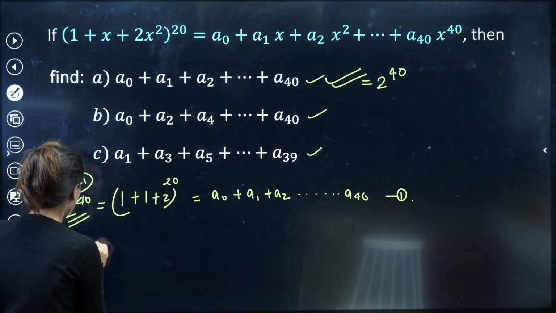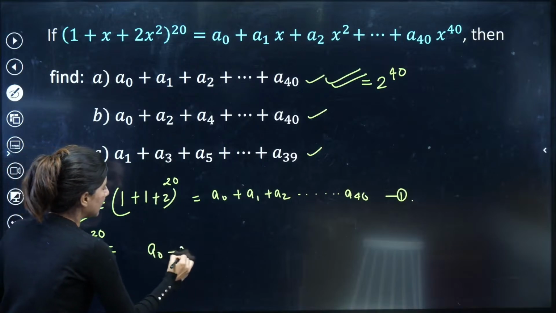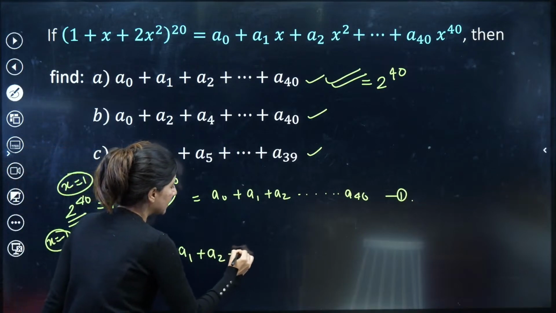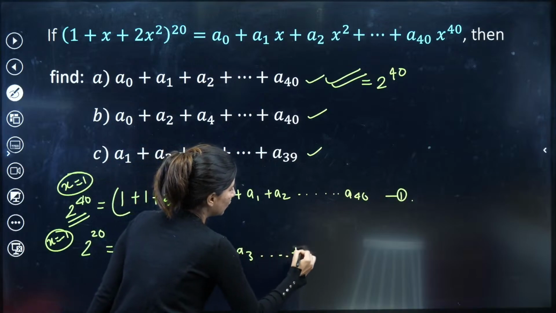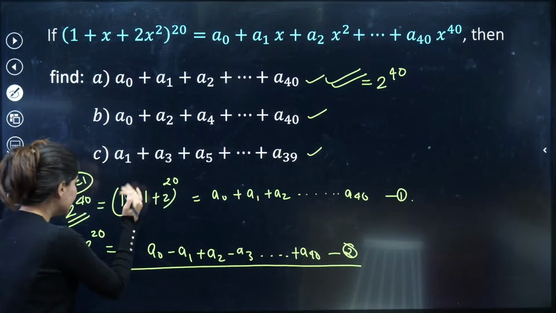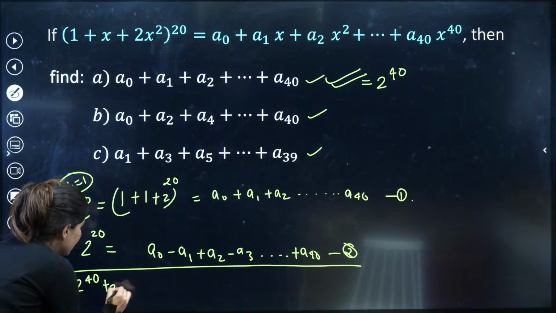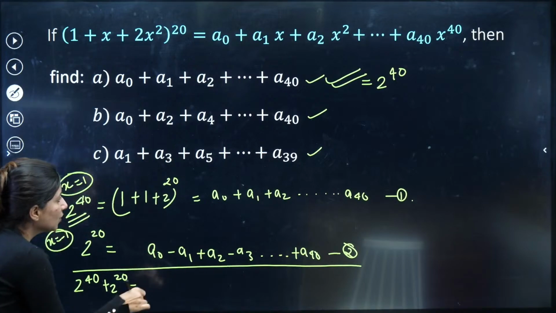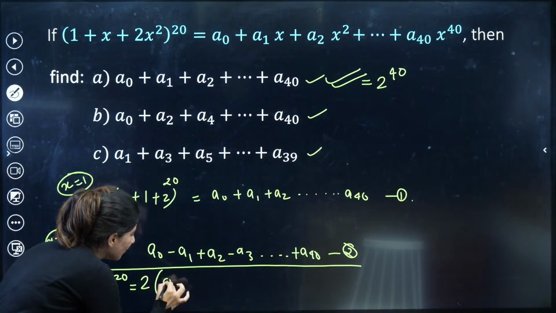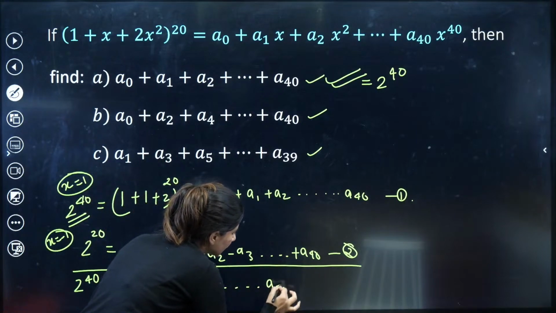So 2 raised to power 20 you are getting the moment you put minus 1, and A0 minus A1 plus A2 minus A3 and all the way up to A40. Second equation. So if you add these two, what you get is 2 raised to power 40 plus 2 raised to power 20 equals, the moment you add, twice of A0 plus A2 and all the way up to A40. Right?